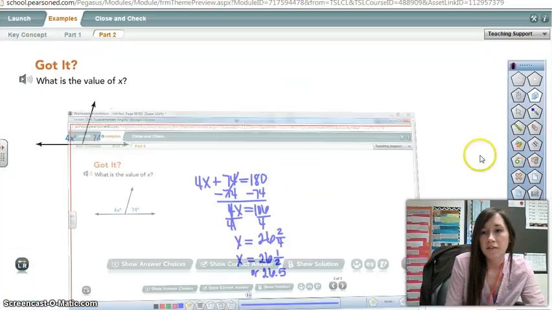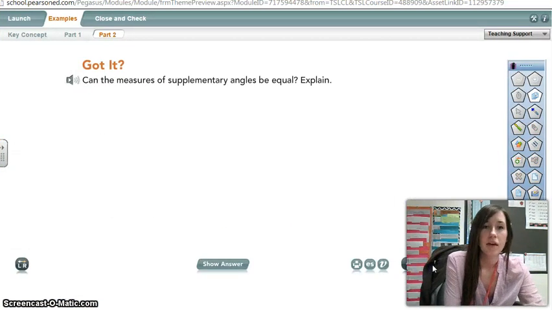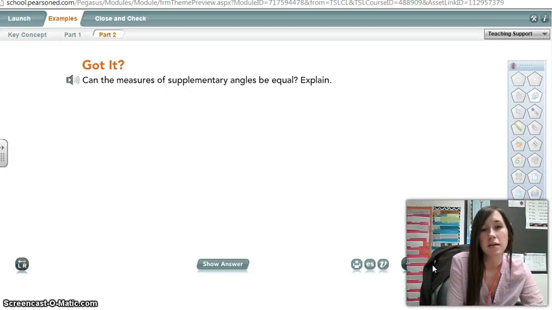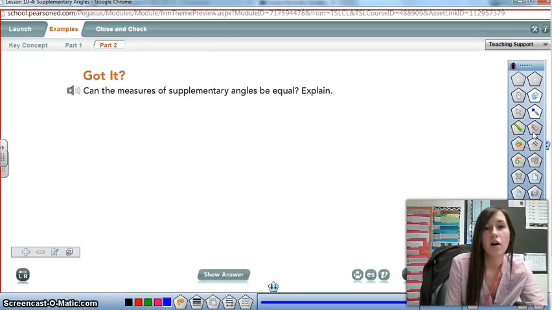All right, one last example. Can the measures of supplementary angles be equal? Take a minute to think about this. Maybe sketch out a picture or think of some examples. Can you have two angles that are supplementary, but that they are also the same measurement? So your first angle and your second angle are the same.